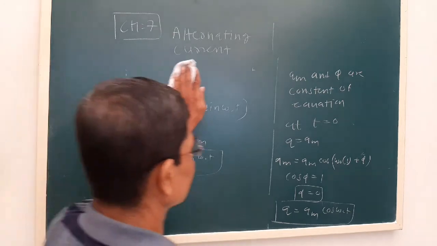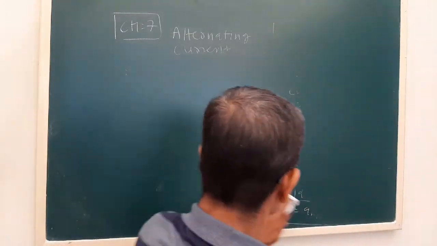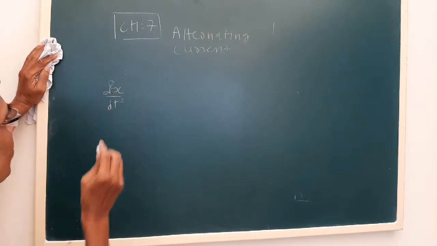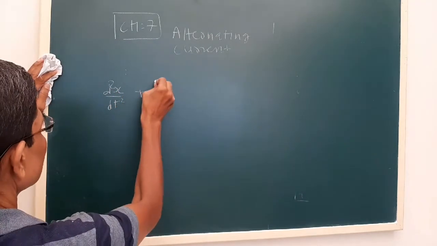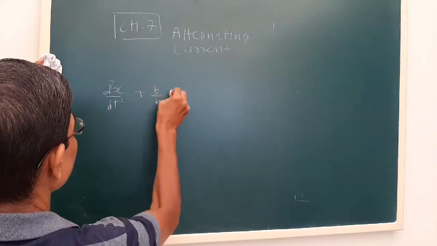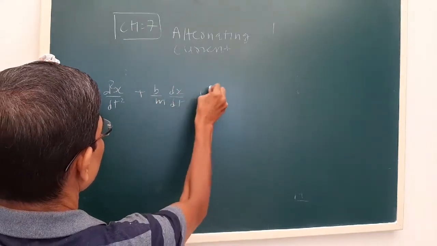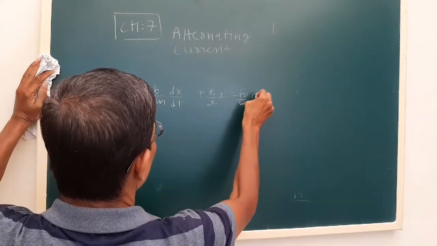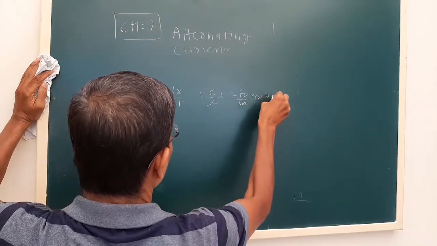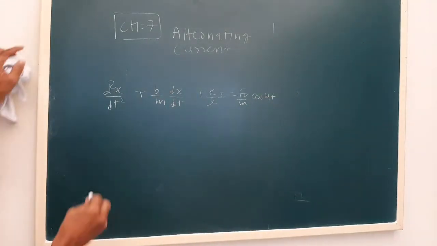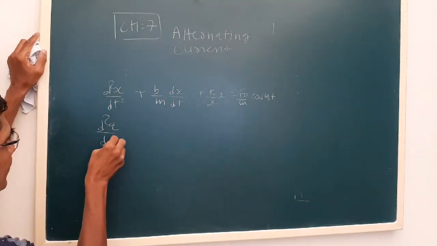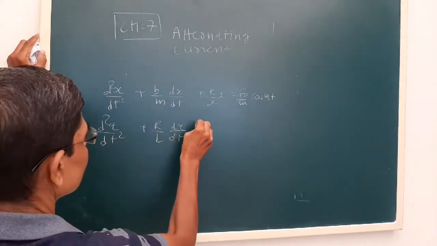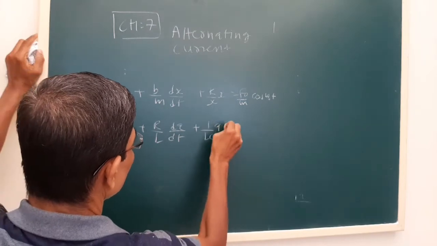It was like this, plus B upon M. Here: d square q by dt square, plus R by L dq by dt, plus 1 upon LC q.